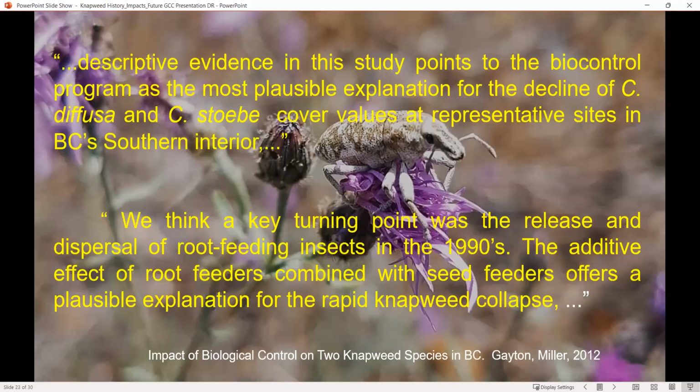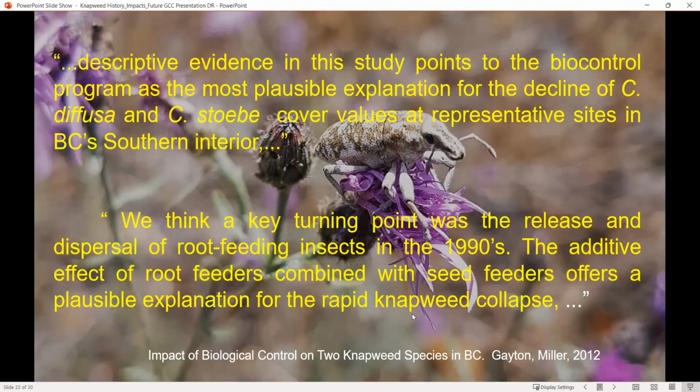So there was a paper done by Don Gayton and Val Miller in 2012, and it reviewed all of the impact of biocontrol on the two species in BC. And as you can see here, descriptive evidence in this study points to the biocontrol program as being the most plausible explanation for the decline of diffuse and spotted knapweed cover values at representative sites in BC.